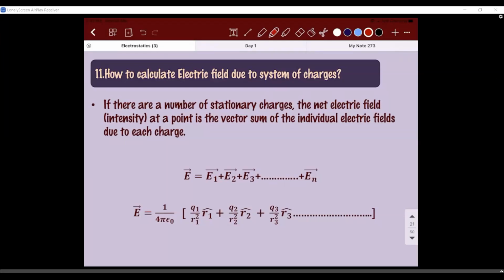The physics language they use to frame a question is: calculate the force between the charges. That is the connecting factor. Whereas for electric field: calculate the electric field due to a charge at a point. So electric field is always calculated at a point.